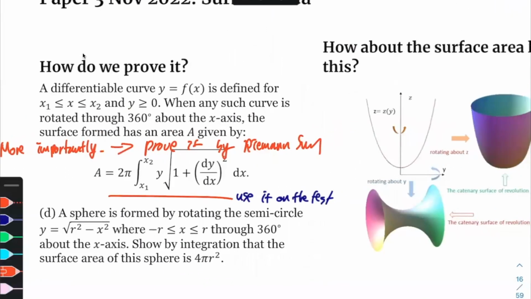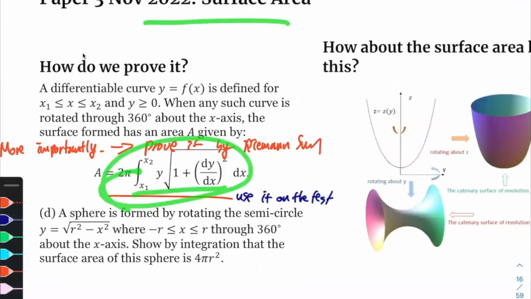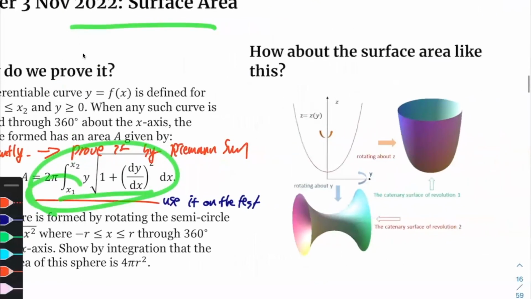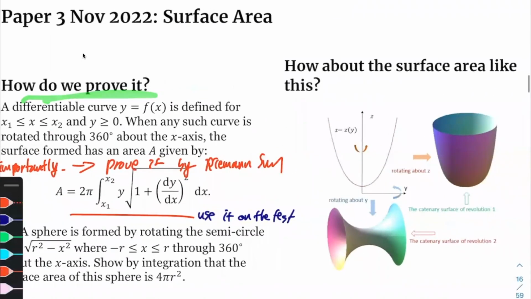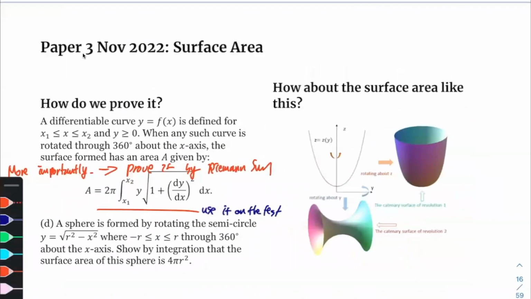So yes, it's another very good topic. Being able to talk about how we can prove and derive it, and also be able to use it for other shapes, which are also very popular shapes in the physical world, is another transition you can make from this exam paper.